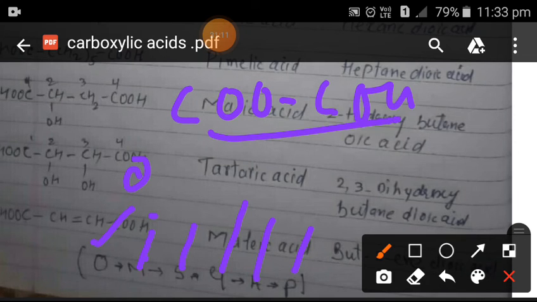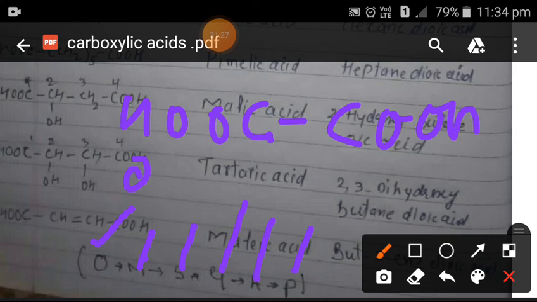So there is no methyl group between the two carboxylic groups, that is COOH and COOH. There are no methyl groups present between the two carboxylic groups.